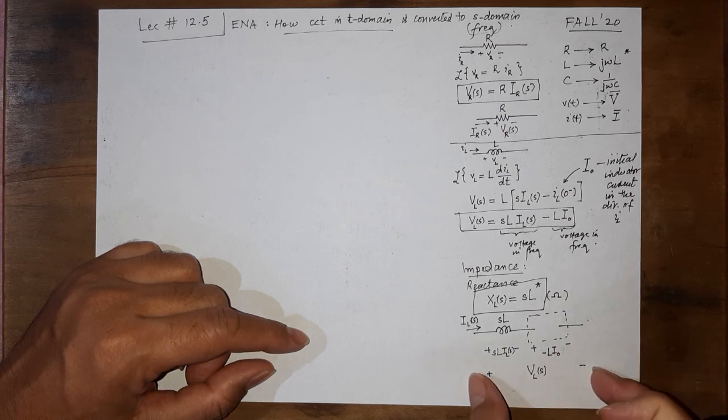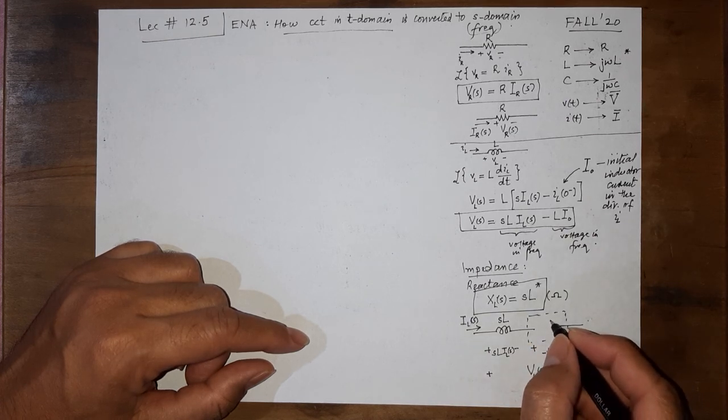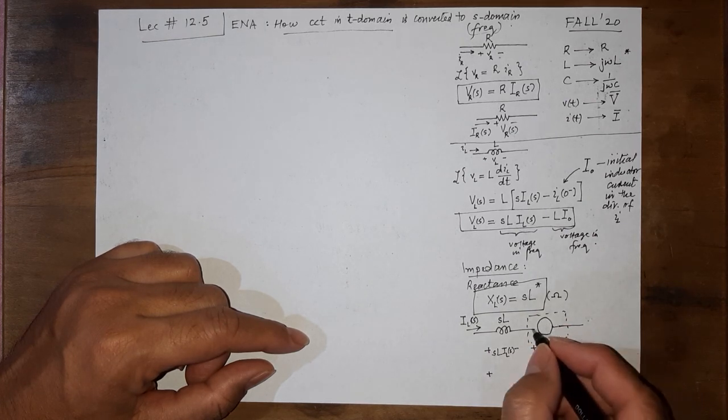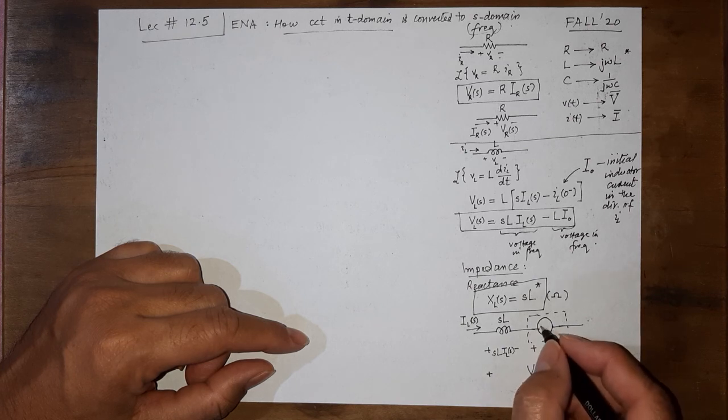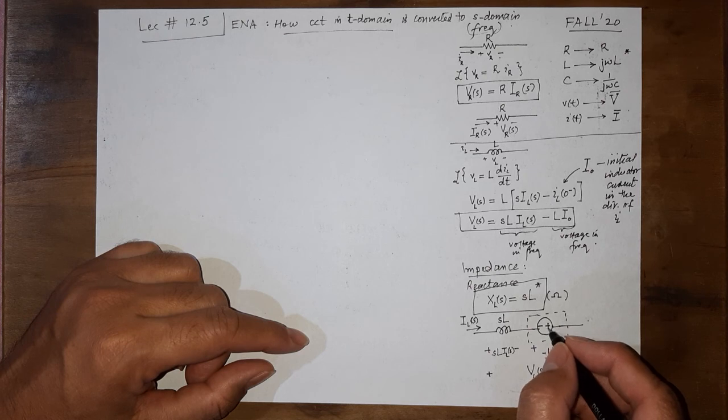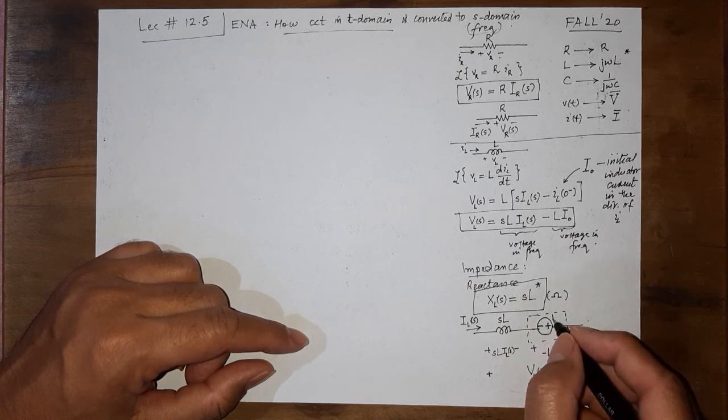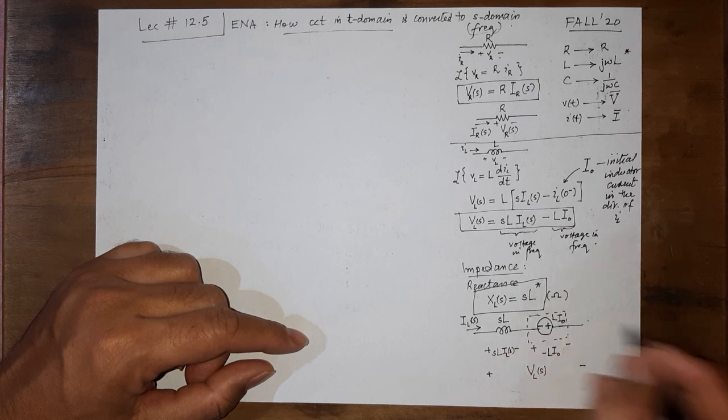So this whole voltage is equal to this voltage plus this voltage. So how to represent this? We have a voltage source here, an independent voltage source with negative sign here and positive sign here. This is very important. And its value is L i naught.